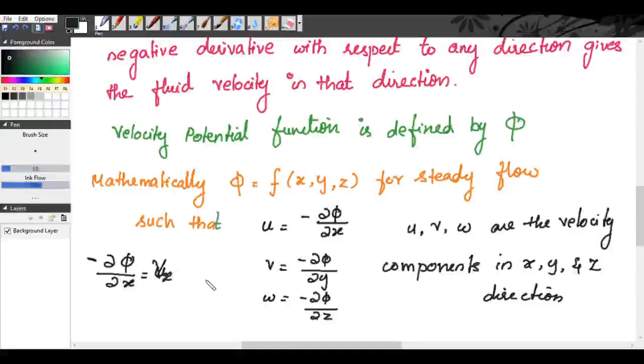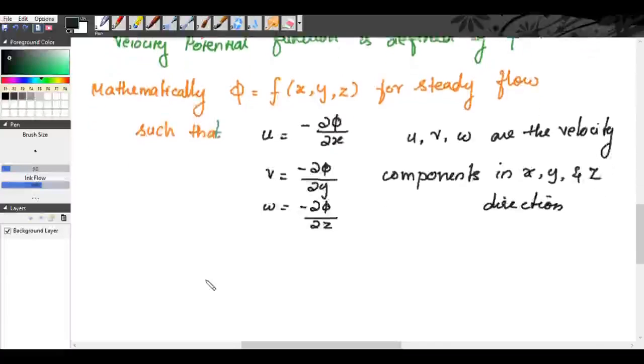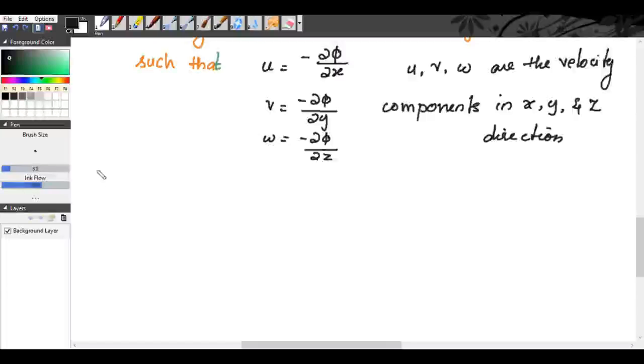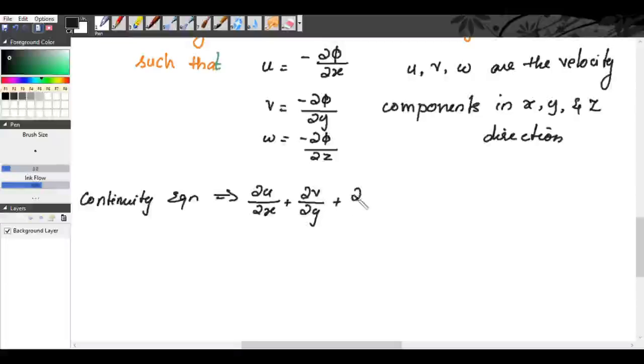Now, we will see whether it satisfies the continuity equation or not. So we know our continuity equation is dou u by dou x plus dou v by dou y plus dou w by dou z is equal to 0.